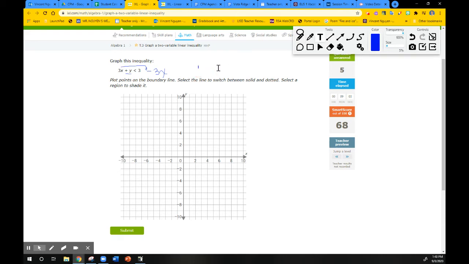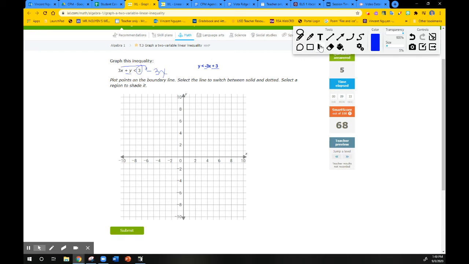So my y is by itself, and the symbol is less than, and then I have -3x, which is my slope, and then plus 3 because the 3 is already there, right? I'm writing it this way so I know where to start and what slope to use.